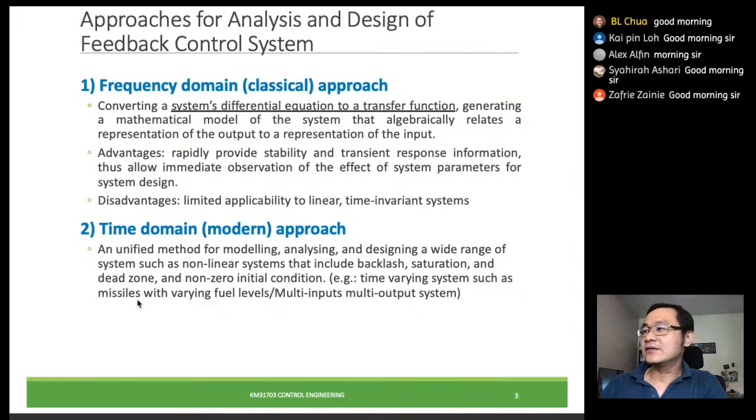That gives us the flexibility to deal with various conditions such as nonlinear systems, and so on. But for this fundamental course, our focus will be just to linearize our system and check whether the system is stable or not. That's why we focus more on the frequency domain method.